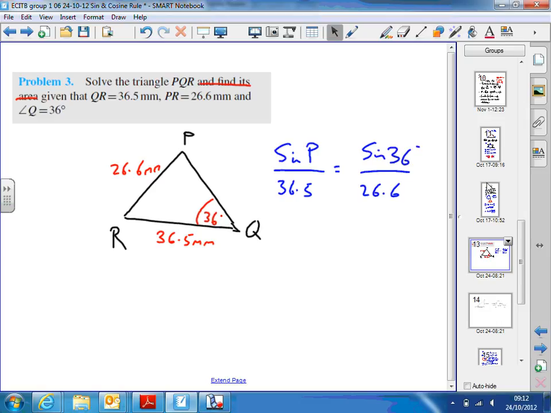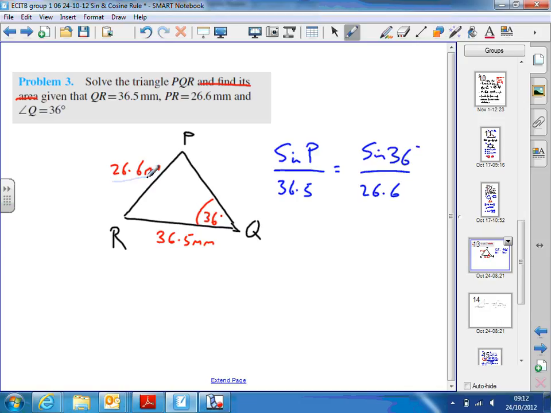The sine of the angle that I'm after, sine P, over the side opposite, 36.5, is the same as the ratio of the sine of the angle I know, 36 degrees, divided by the side opposite that. That's the ratio that we write down.